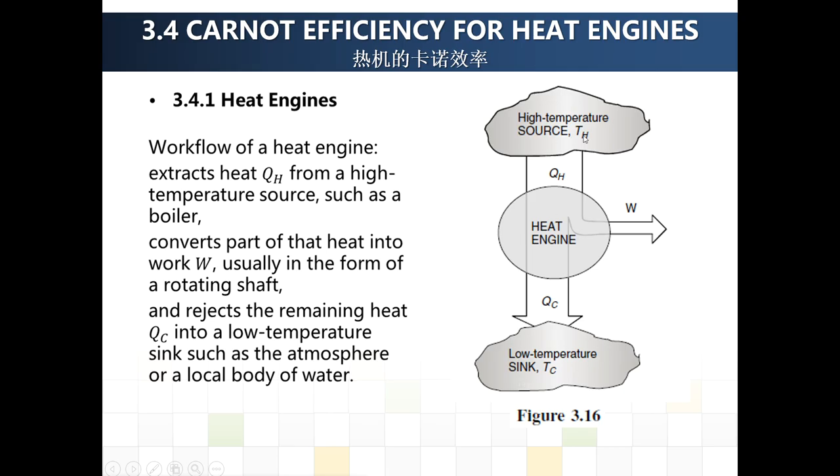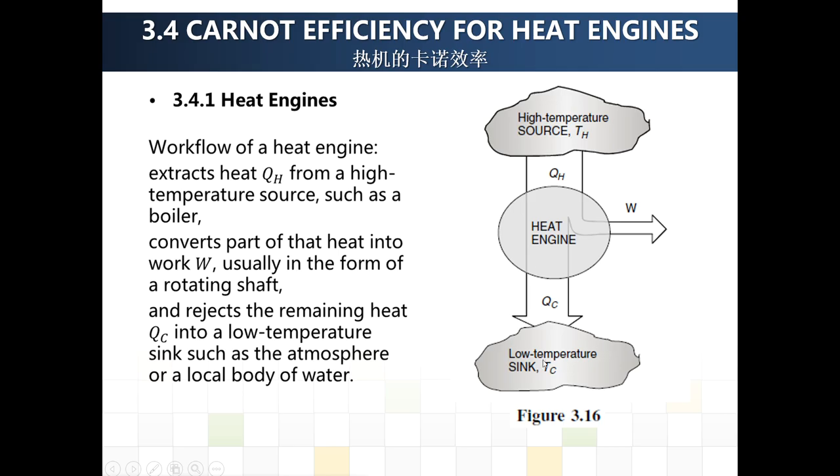The high temperature source could be a boiler, and the heat engine is usually in the form of a rotating shaft, which we usually use to transform the mechanical power into electricity.